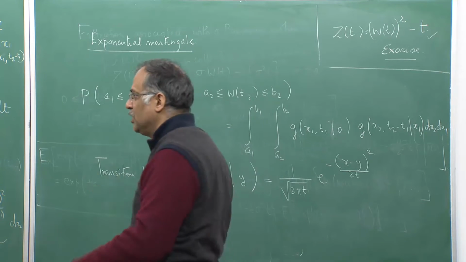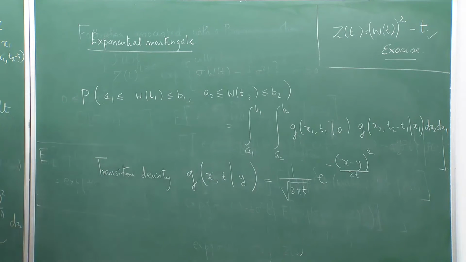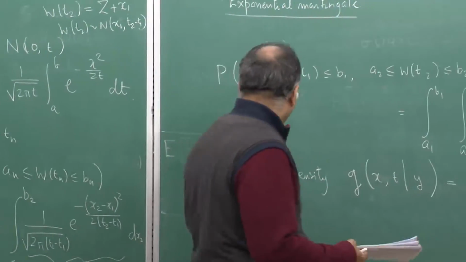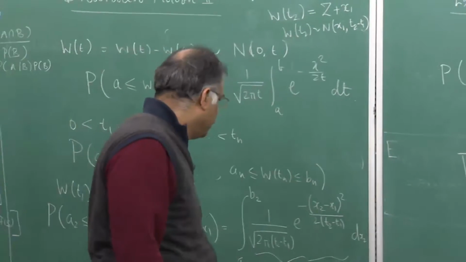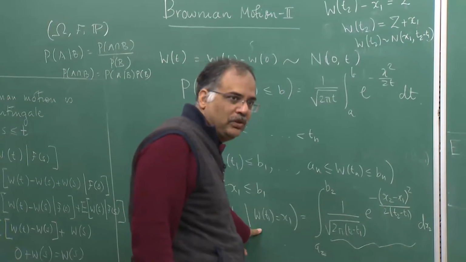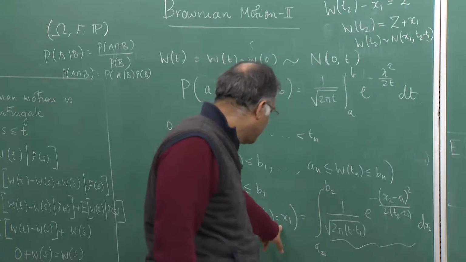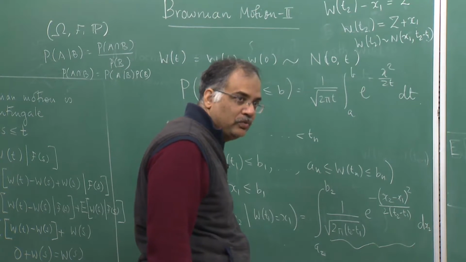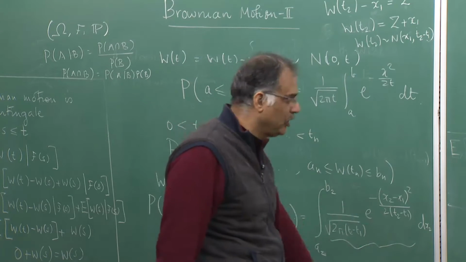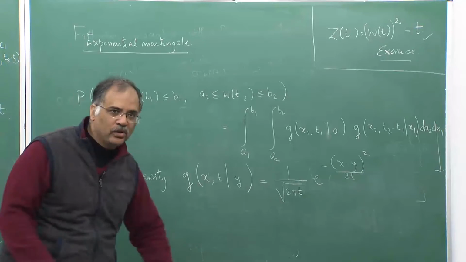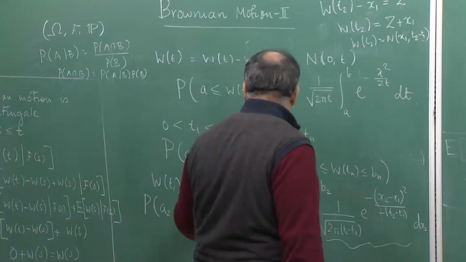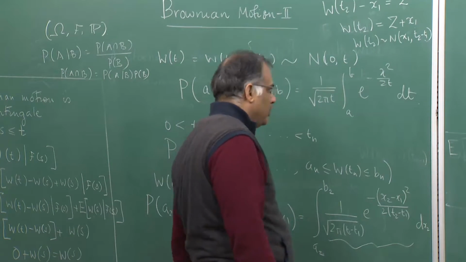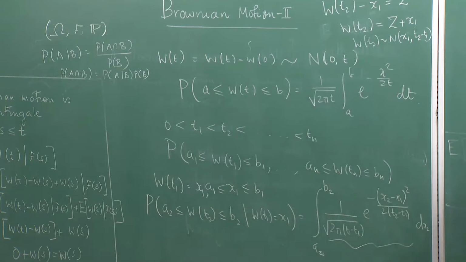Brownian motion is also a Markov process, for those who know about Markov processes. This is a transition probability actually. It tells you given the state is at x1, what is the probability that the next state is between A2 and B2. Because it is a continuous thing, you cannot say that the probability WT2 is x2, because that will become 0. So you just have to say what is in between.